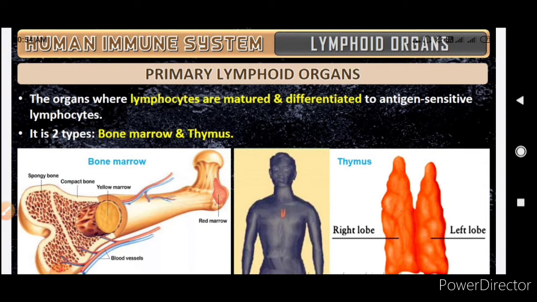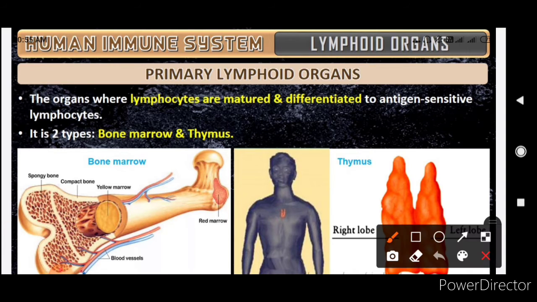Now when we are talking about the primary lymphoid organs, these are the organs where lymphocytes are matured and differentiated into antigen sensitive lymphocytes. It is of two types: bone marrow and thymus. So bone marrow and thymus are the primary lymphoid organs in which the maturation and differentiation of the lymphocytes occur.